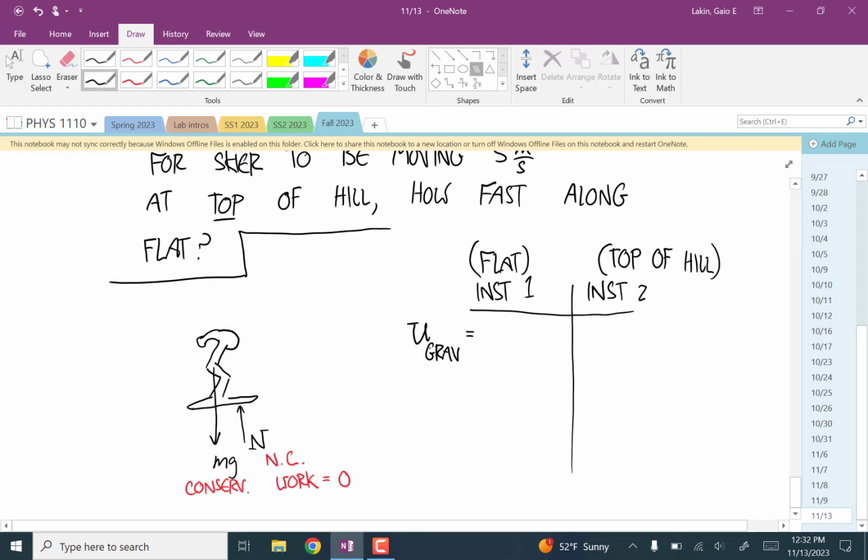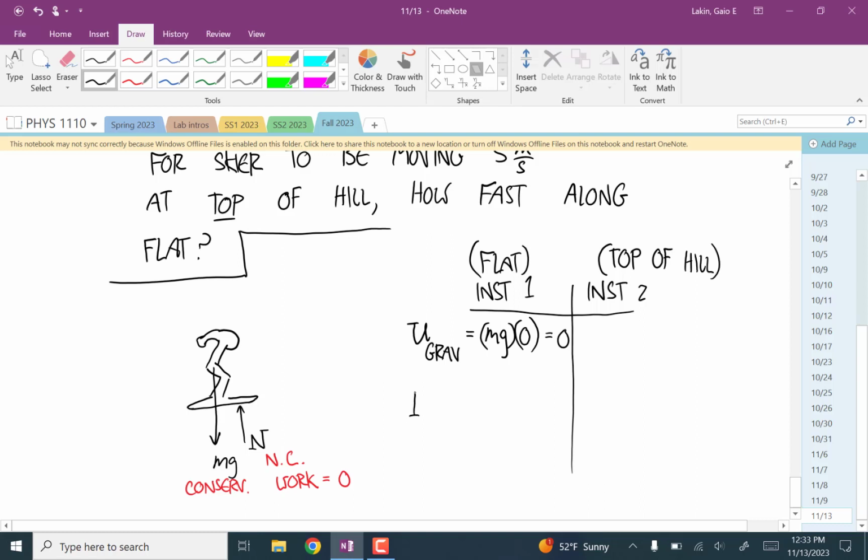So the potential energy due to gravity is the mass of the skier times 9.81 meters per second squared times the height, which in this case is 0. So the gravitational potential energy is 0.